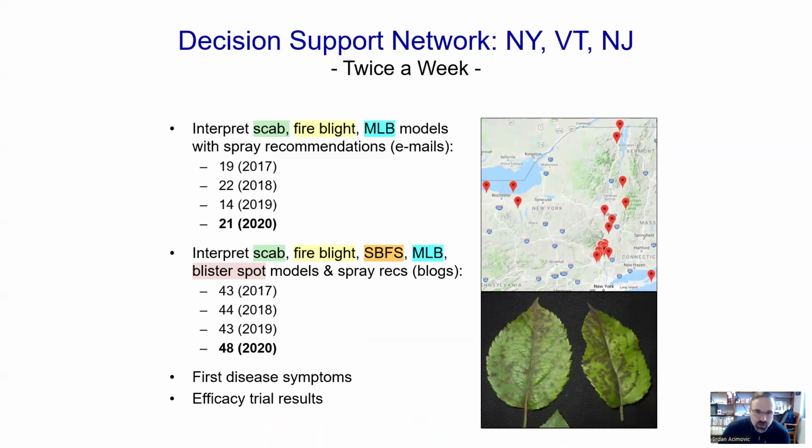The partnership I mentioned before had a large number of weather stations in the growers' orchards, which you can see on the map to the right, in New York, Vermont, and New Jersey. We connected all these stations to RIMpro using the NEWA network that is hosted at Cornell. And all the information from the models was then spilled over into emails.